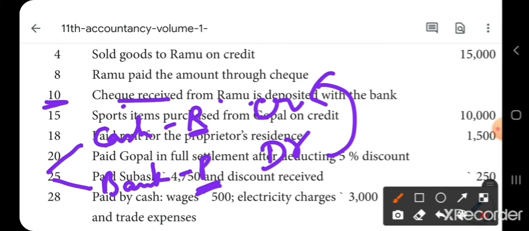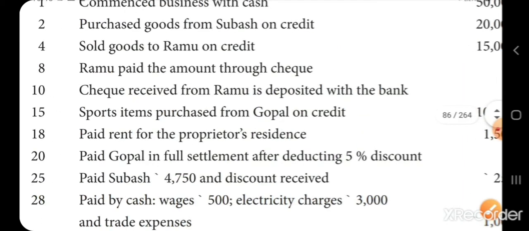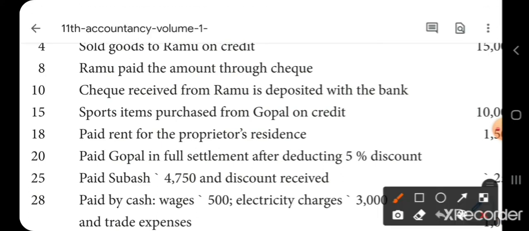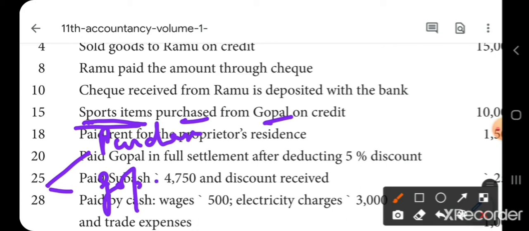Now 15th transaction, sports items purchased from Gopal on credit. What are the two accounts involved? Purchase. Sports items means it is the goods because they are running the sports. They are the dealers. Hari is the dealer in sports business. So it is the goods for them. So purchase account and Gopal account. Now purchase is a nominal account.